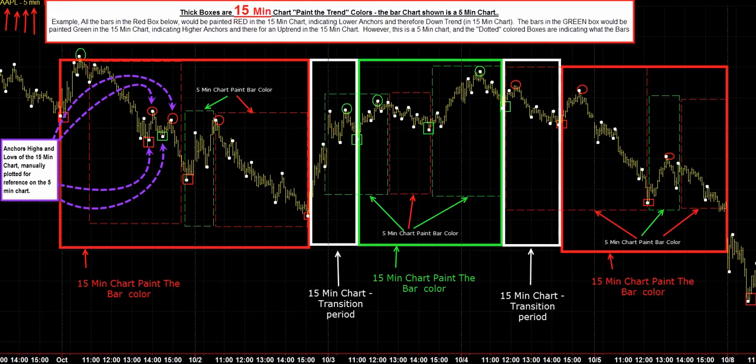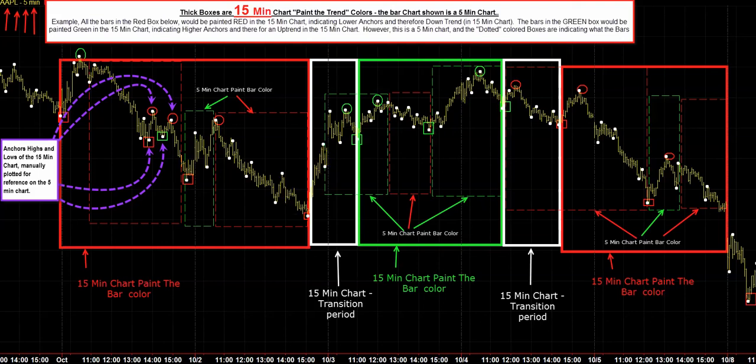Well, if we were to somehow see in two time frames the colors that were going on, we would know that the green would start painting from here. Because here's the first higher high and the second higher anchor from these two here.